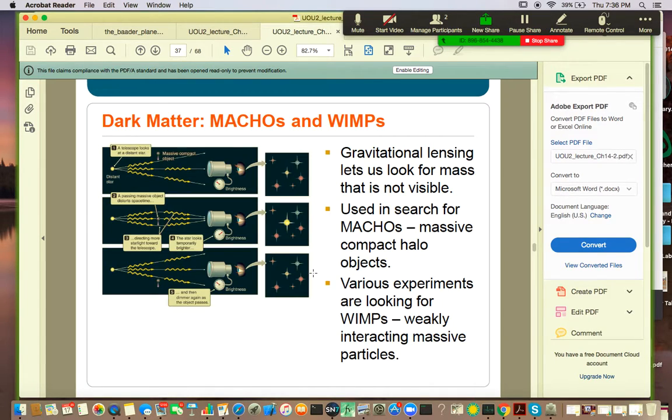So MACHOs and WIMPs are projects designed to detect dark matter and try to explain what it is. WIMPs stands for weakly interacting massive particles, and they are the strongest candidates so far.